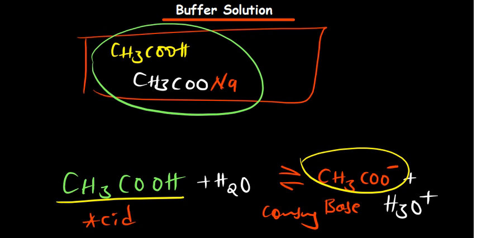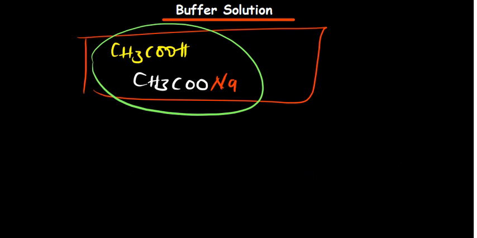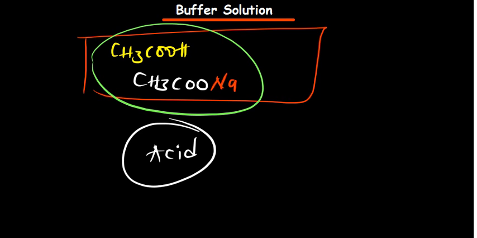So when we add, let's say we decide to add a base, or maybe we can even talk about an acid. If we decide to add an acid to that buffer solution, we do expect our pH to be lower. But what is going to basically happen is that the acid is going to react with the conjugate base.